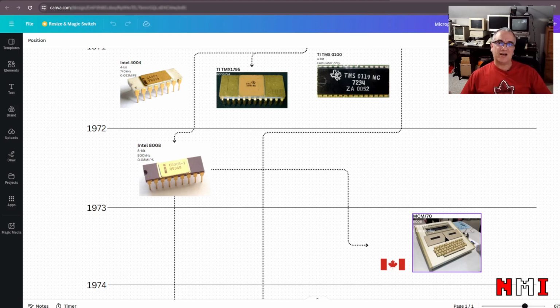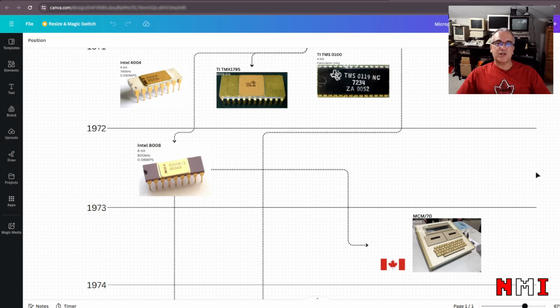But what I was really amazed by was the fact that this was a Canadian machine, right? A Canadian design. And we can see here that Intel launched the 8008 in 1972, and in 1973 MCM was already shipping the MCM 70.